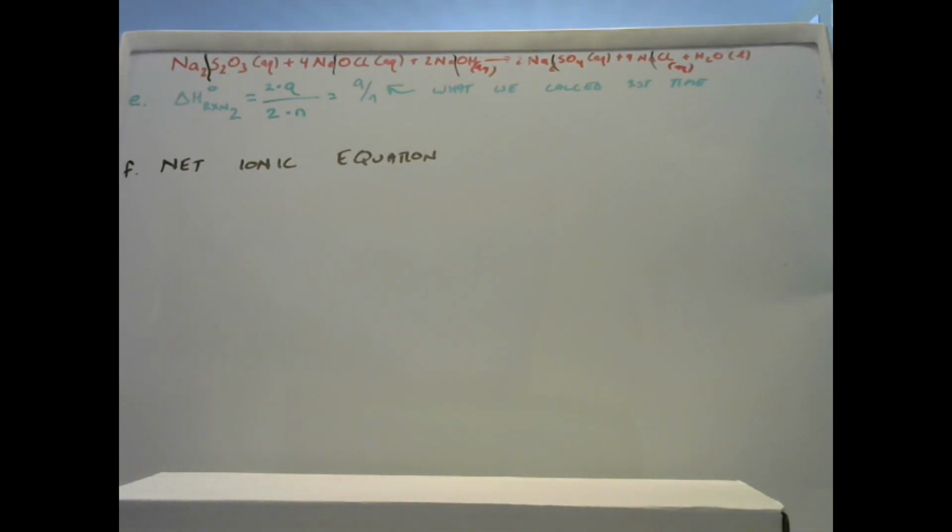So, first things first, when you're writing an ionic, write the complete ionic, which is just everything that you had up top split apart into its ion form.